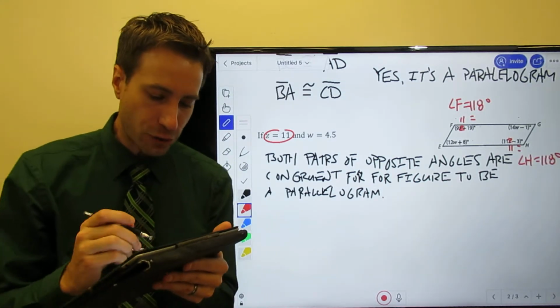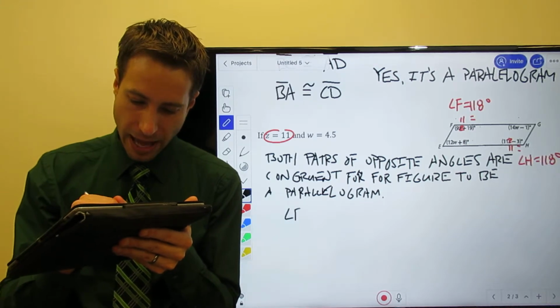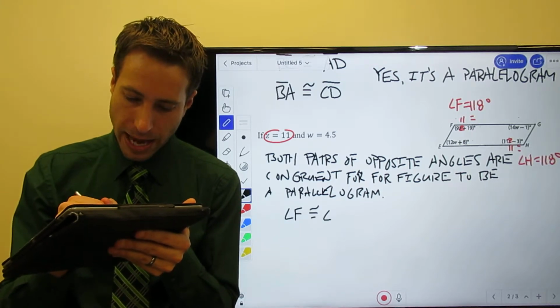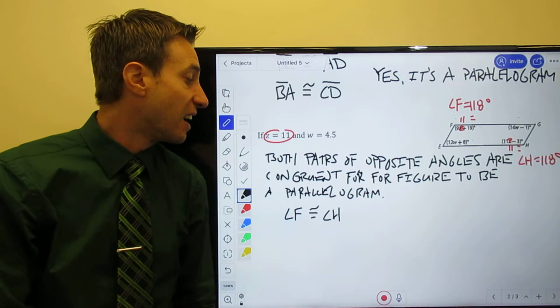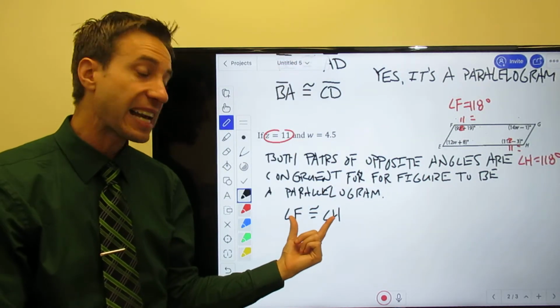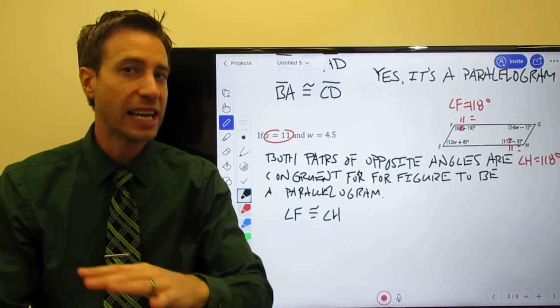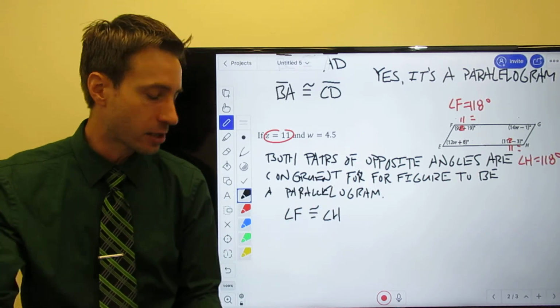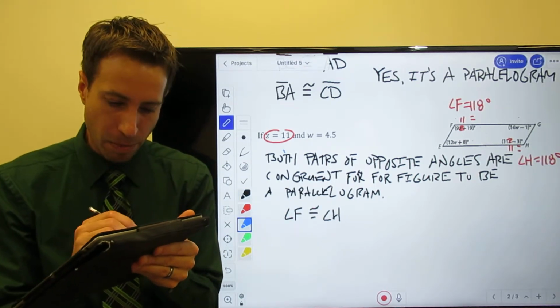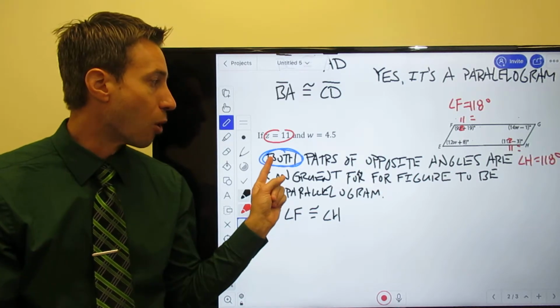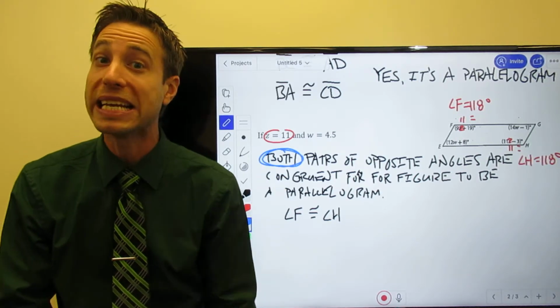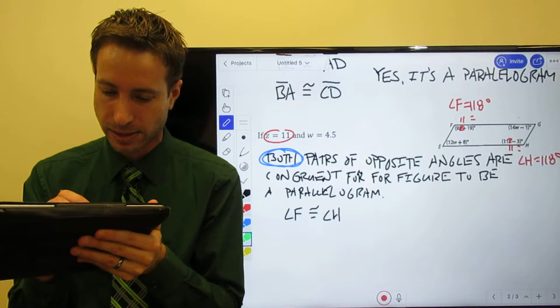So far we're off to a great start. Angle F is congruent to angle H. But unlike with the sides, that is not enough. Just showing that one pair of opposite angles is congruent is not enough. I must show both pairs, so we need to keep going.